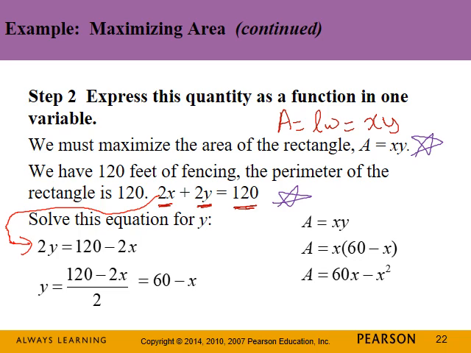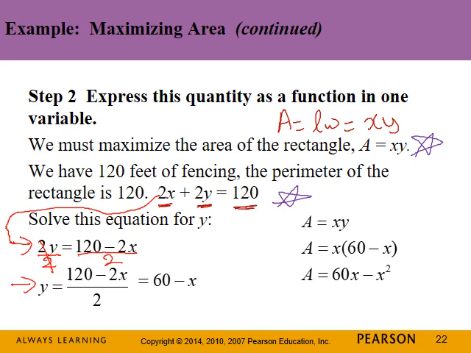Now I want to get rid of the 2 because I just want to solve for y. Well, how would I solve for y? Since 2 is multiplying y, I have to divide by 2. Whatever I do to the left side, I have to do to the right, so I divide both sides by 2. 2 divided by 2 is 1, which means they cancel out, and I'm left with y by itself on the left side. On the right side, I have 120 minus 2x divided by 2.